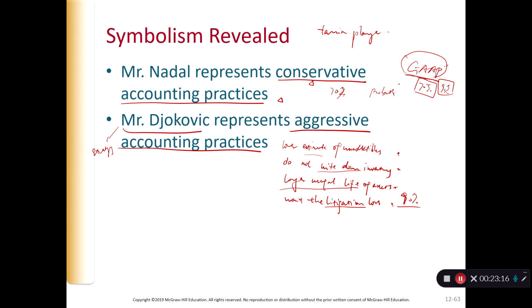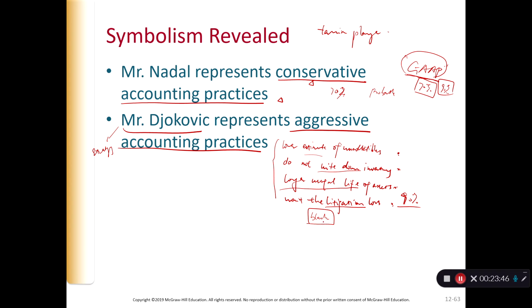So everyone involved in business, not just accountants, needs to recognize accounting is not black or white, not right or wrong. If you lower your estimation, or you lengthen your useful life, or you do not recognize the litigation loss when you don't think it's probable, it's not wrong.